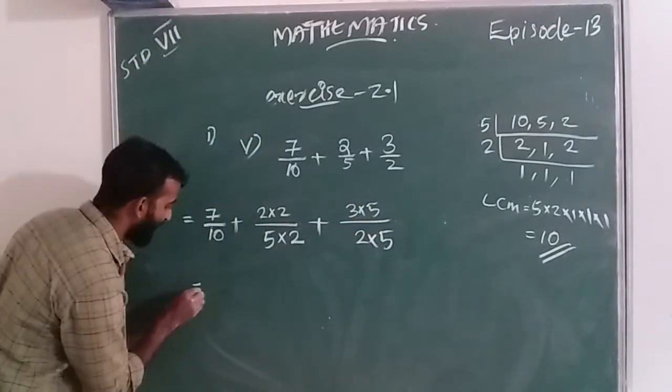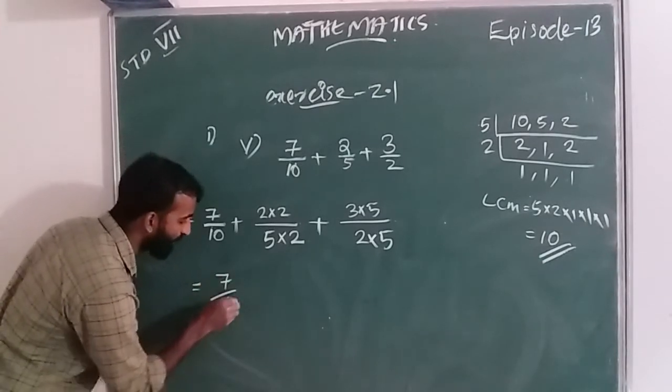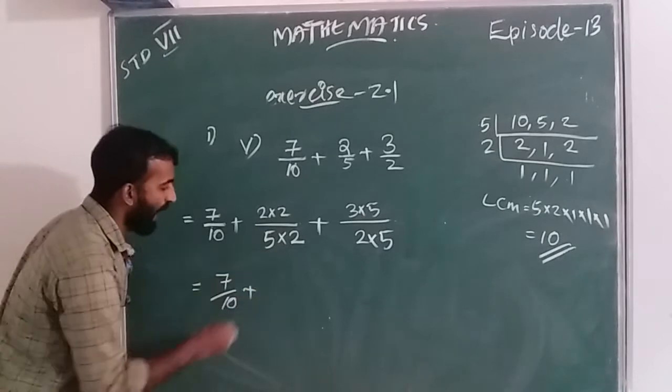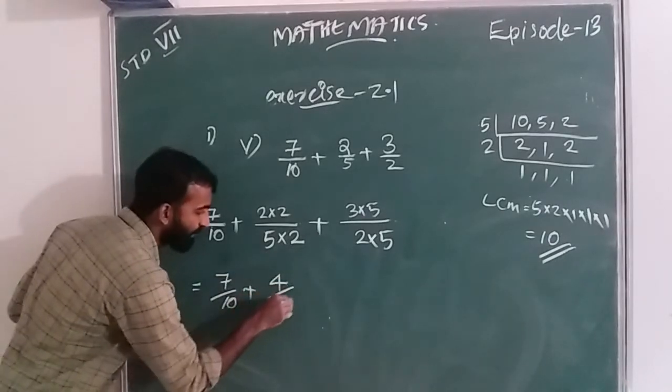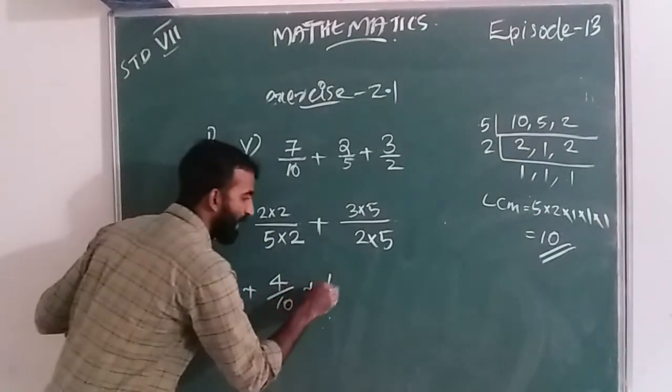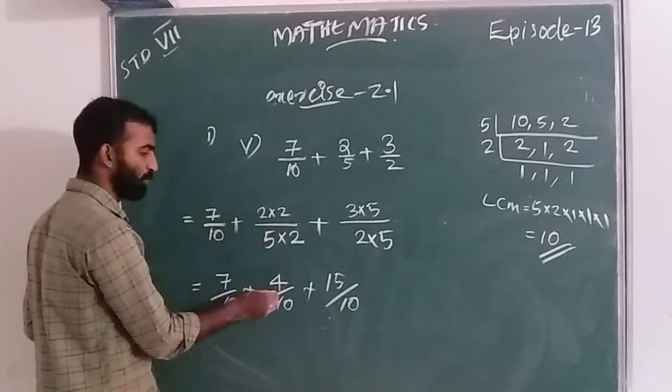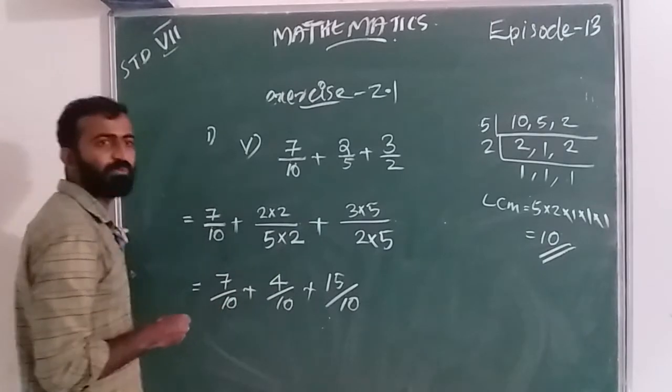That is, here we can write 7 by 10 plus 7 by 10 plus 4 by 10 plus 15 by 10. That is 2 into 2, 4, 3 into 5, 15.